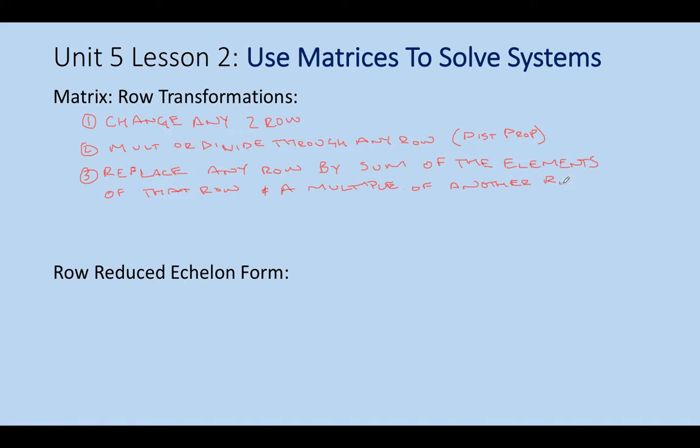So what's going on here is, you remember when we had systems of equations and they're both in standard form, something like 2x plus 3y equals 4, and then maybe x minus 6y equals 2.